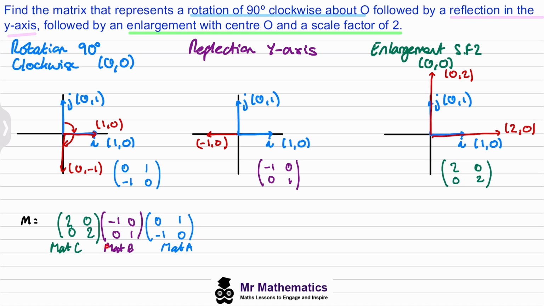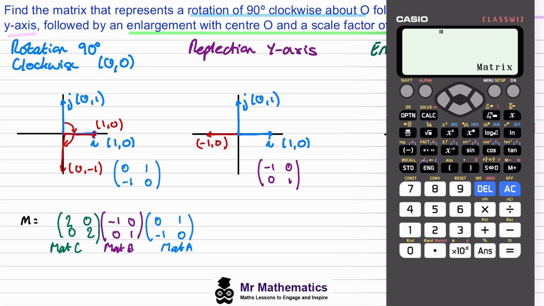Then we can work out this product on our calculators. So we'll define matrix A with 2 rows and 2 columns, and elements 0, 1, -1, and 0. We'll define matrix B with the elements -1, 0, 0, and 1.